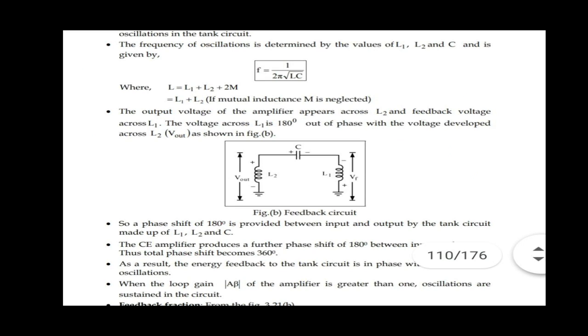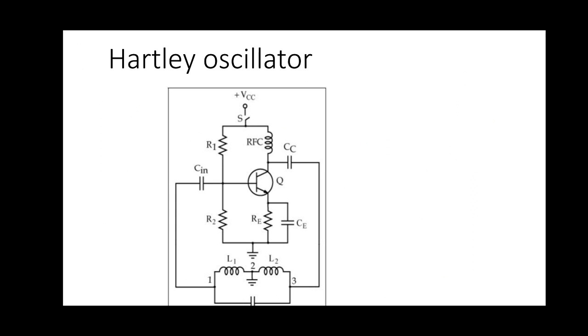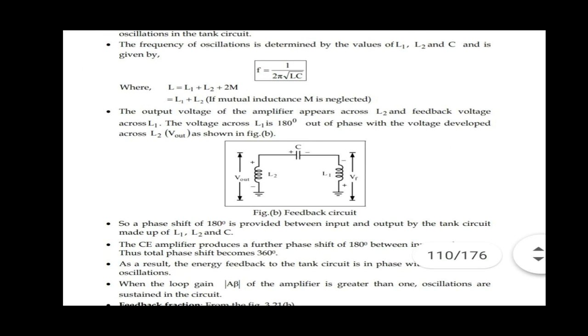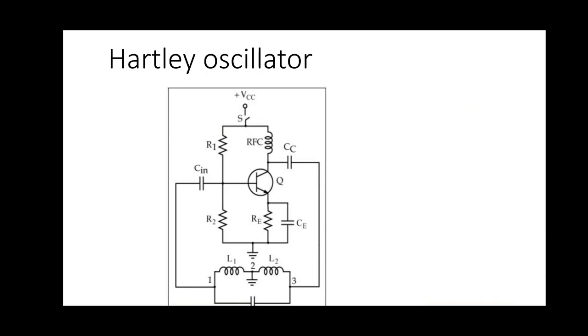When the capacitor is fully charged, it discharges. We already discussed this in the tank circuit. It discharges through coil L1. At terminal 3 the capacitor is positive, at 1 it is negative.